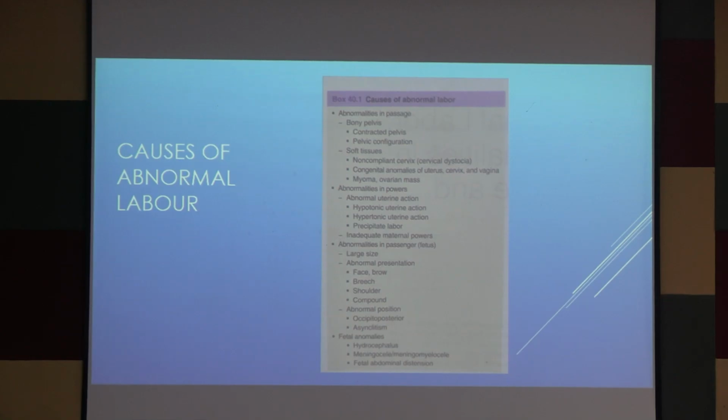Abnormalities in passage, that is bony passage, that is pelvis: contracted pelvis, pelvic configuration like android pelvis, flat pelvis, platypelloid pelvis, etc., abnormal pelvis. Soft tissues: non-compliant cervix, that is cervical dystocia.